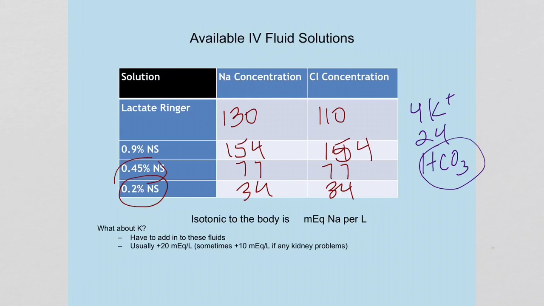Now remember, isotonic to the body is 140 milliequivalents per liter. Plus, on top of that, usually for all your maintenance fluids, you do want to add some potassium because it's one of the necessary electrolytes for your body. Now, usually this just comes in bags, or it's easiest to make when you order it in 20 milliequivalents. You can order it in 10, or you can even, if you really had to, if you're making your own bag of solution, you can do it in smaller increments.